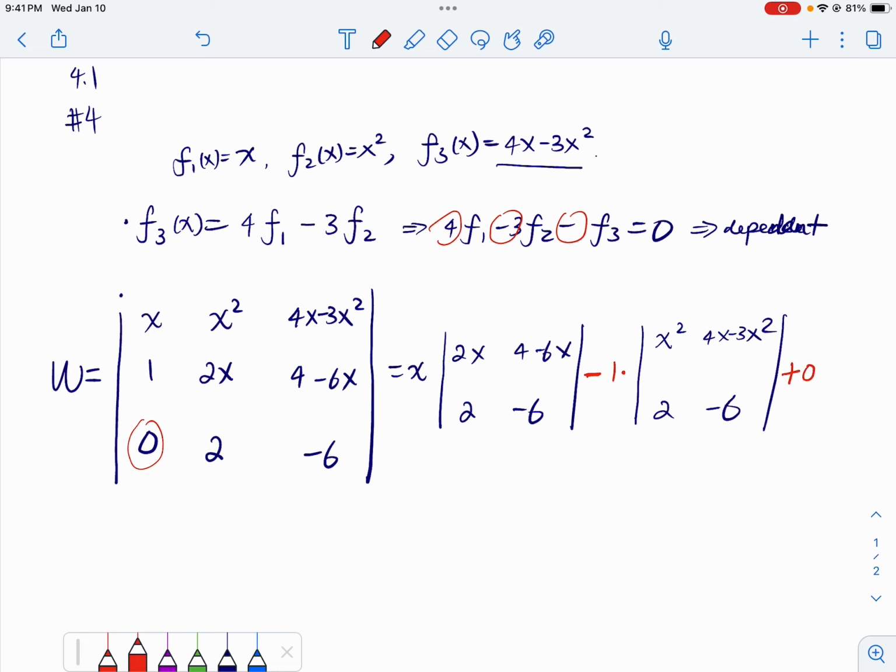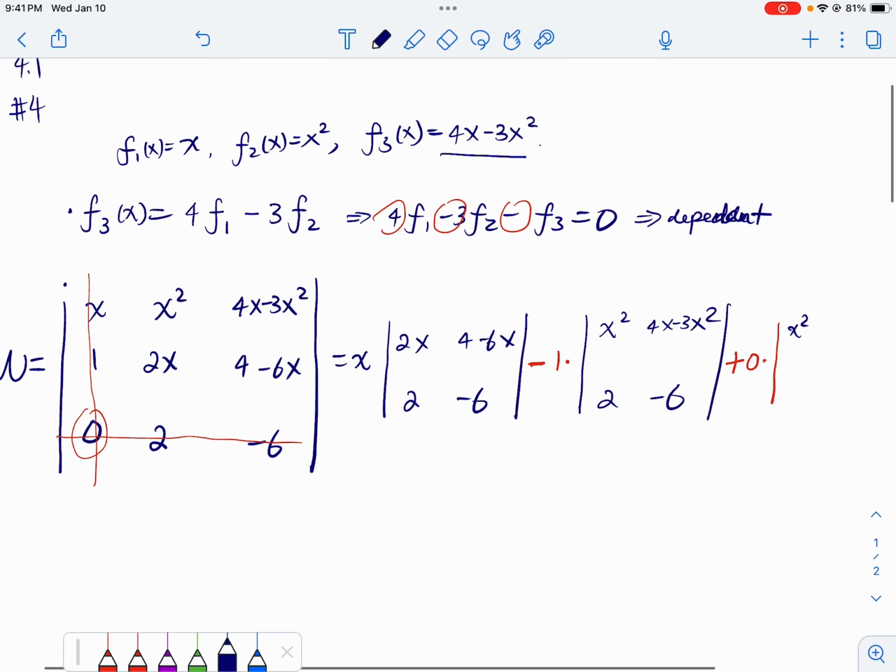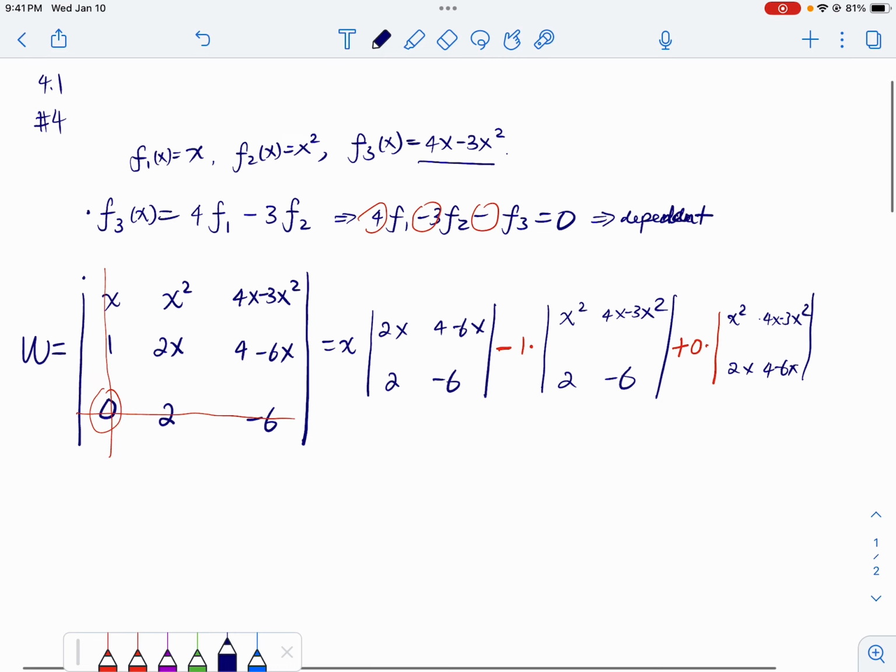So plus 0 times, even though I know it's 0, for demonstration purposes you cross out the first column and third row. And this is going to be x squared, 4x minus 3x squared, and then 2x and 4 minus 6x. So you can expand this 3 by 3 into a sequence of 2 by 2 determinants, okay? So this is method number 1.